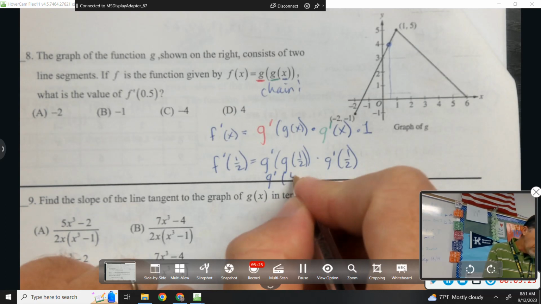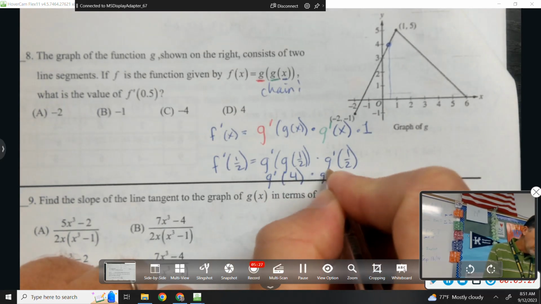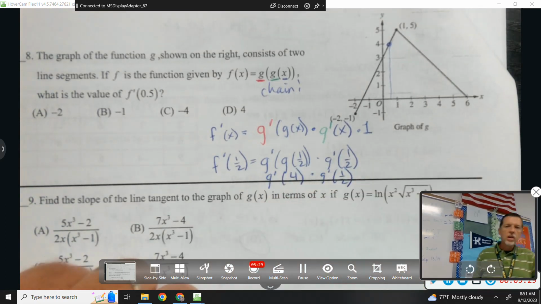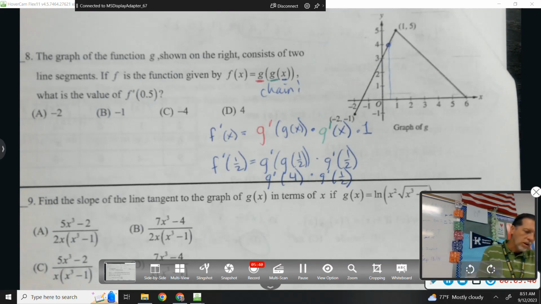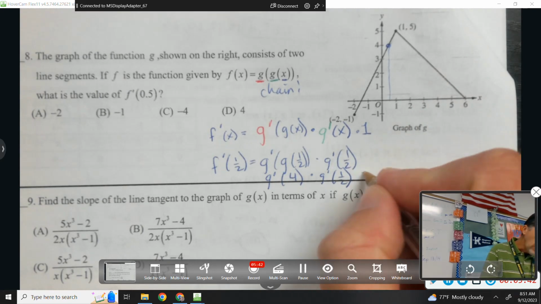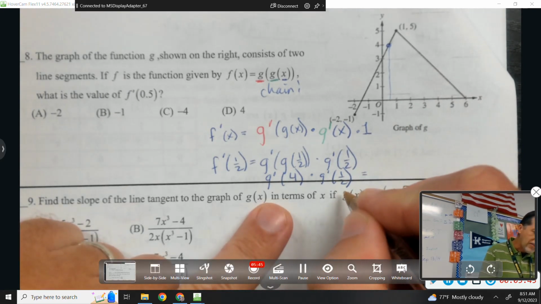So G prime at 4 times G prime at 1/2. How do I find G prime from a graph of G? What am I looking at? Slope. So I want the slope at 4 times the slope at 1/2.